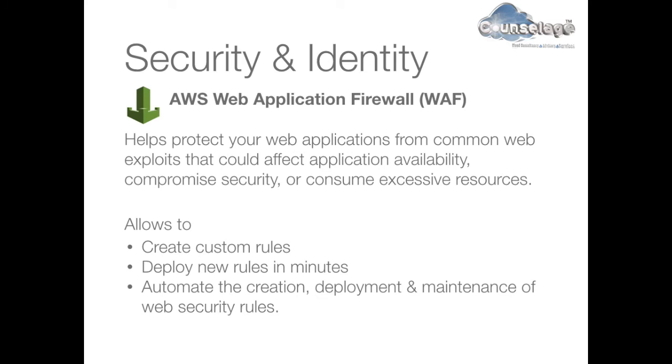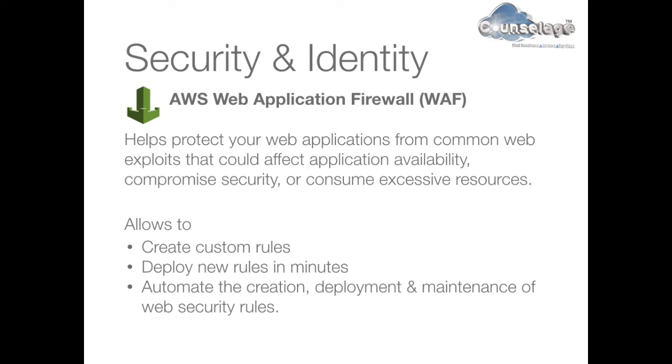The last one in the security and identity services is Web Application Firewall. This is a web application firewall that helps protect your web applications from common web exploits that could affect application availability, compromise security, or consume excessive resources.